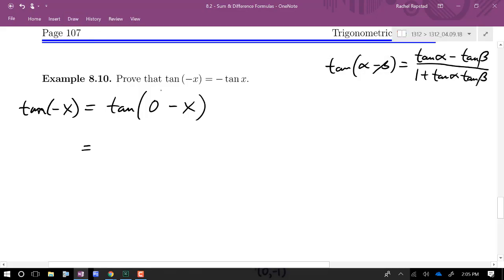So now, in the expression we have, alpha is being played by 0 and beta is being played by x.